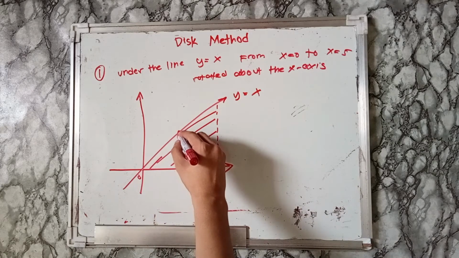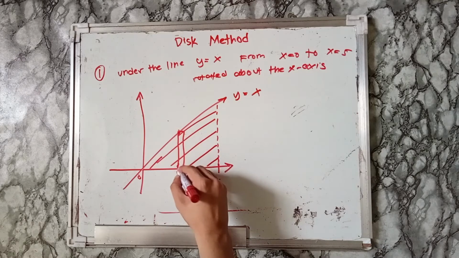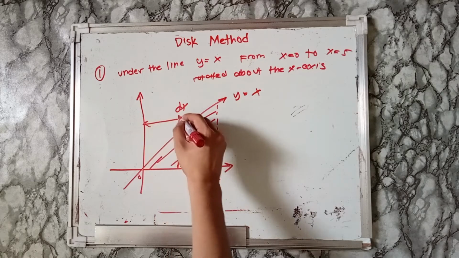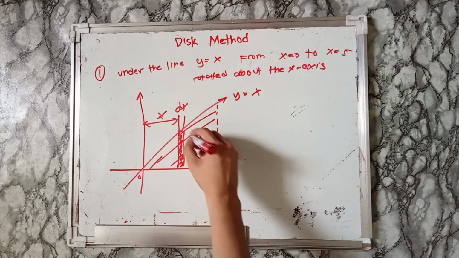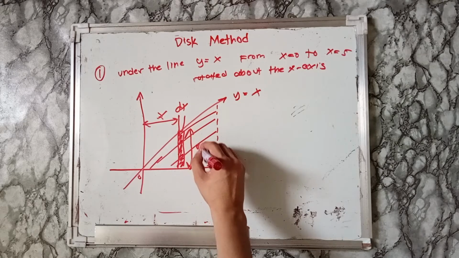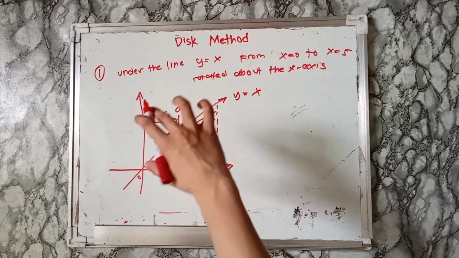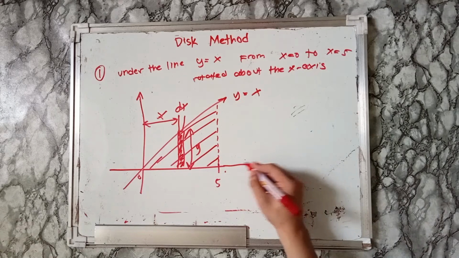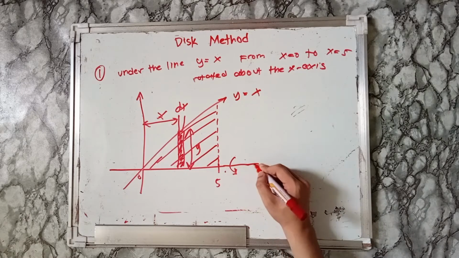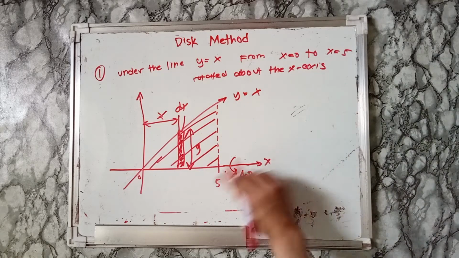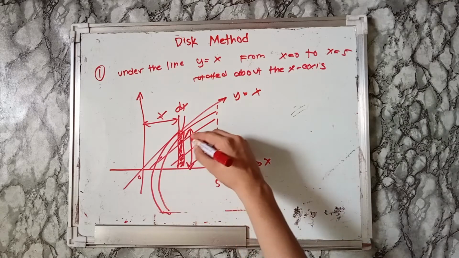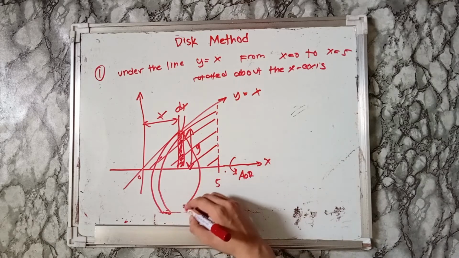Now if you put a vertical strip, this is just dx, and of course our x, and the height of this is y, the height of our vertical strip. And of course it says that it rotates about the x-axis. So this is our area of rotation. Now if we rotate this, it will look something like a disc, right?